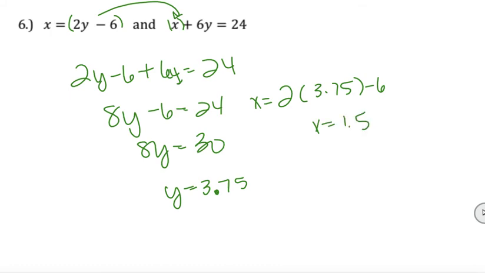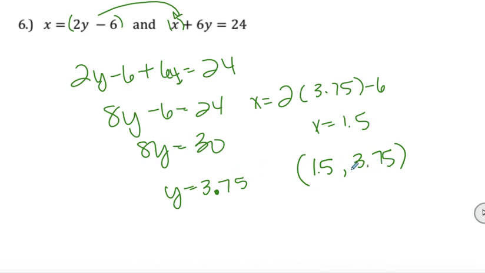Let's see if that works. Is 1.5 plus 6 times 3.75 equal to 24? It does equal 24. So it's okay to get decimals, we just get a little bit leery when we do. But our final answer is 1.5 for the value of x and 3.75 for the value of y.